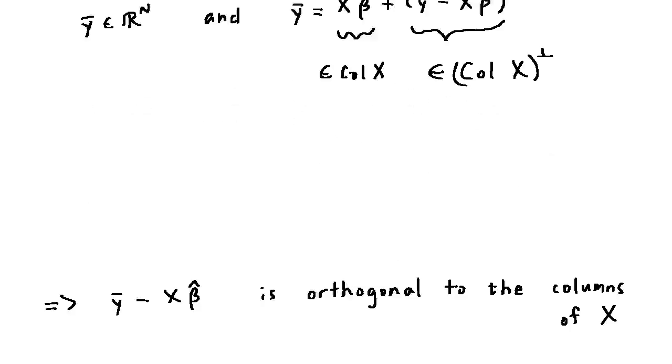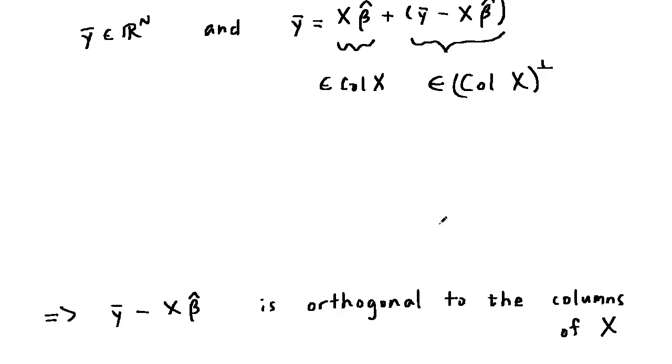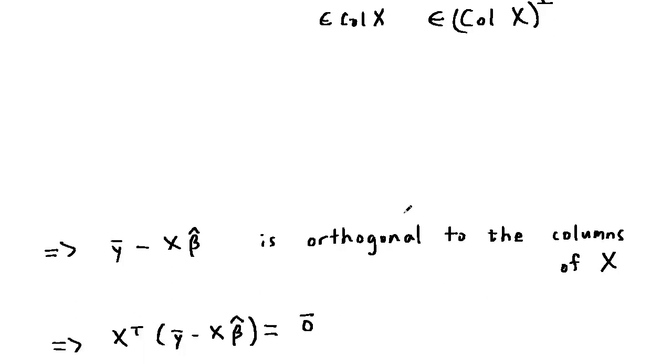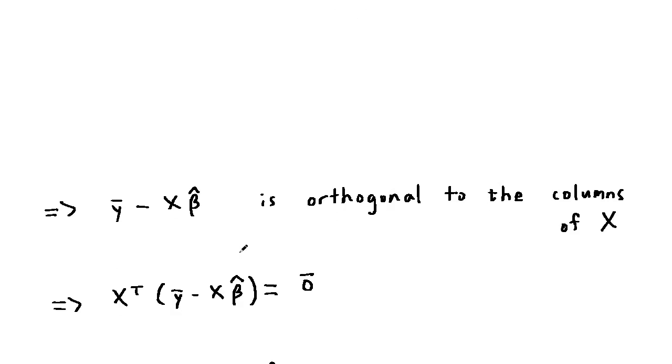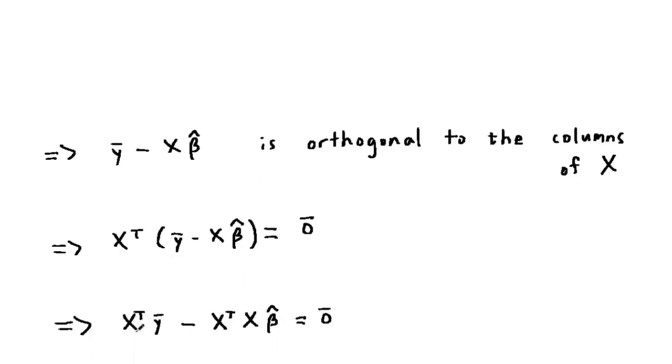Therefore, y minus X beta hat is orthogonal to the columns of X. So if we take X transpose times y minus X beta hat, we get the 0 vector. Multiply this through, we get this.